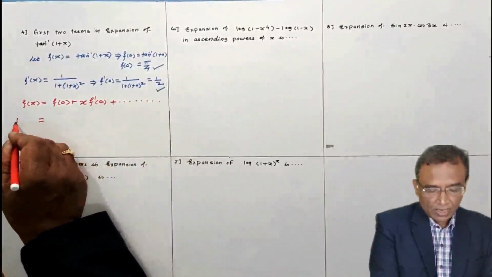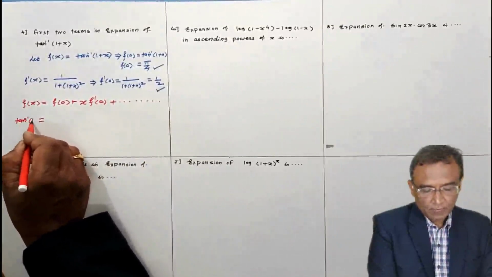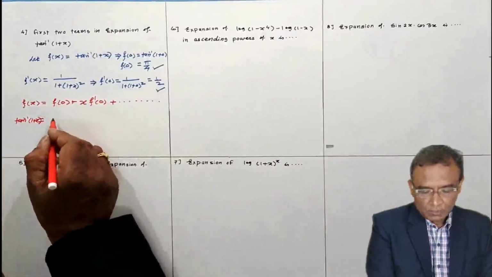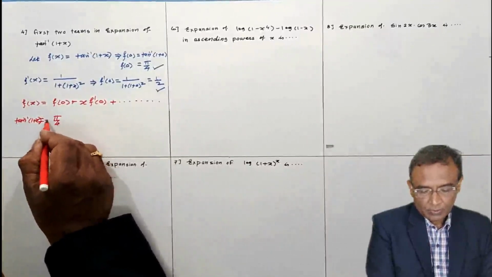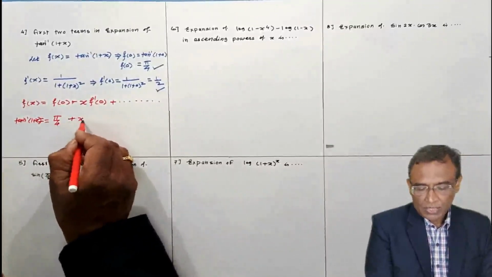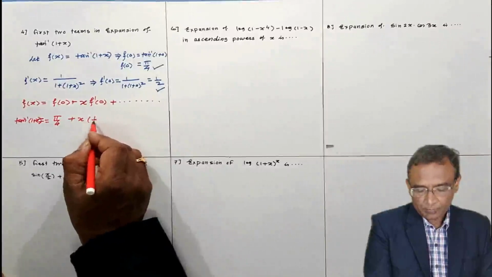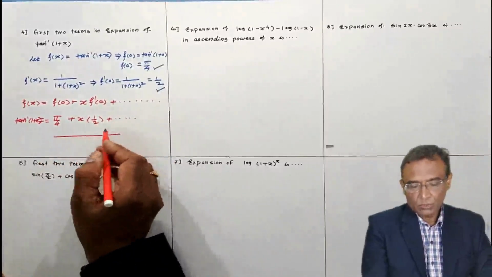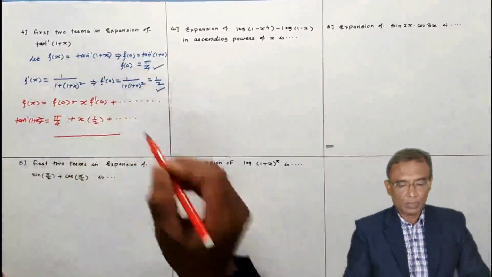The fx is tan inverse of 1 plus x, okay, and f0 is pi by 4, and x f dash of 0 is 1 by 2, plus and so on. Okay, this is the answer to this problem.